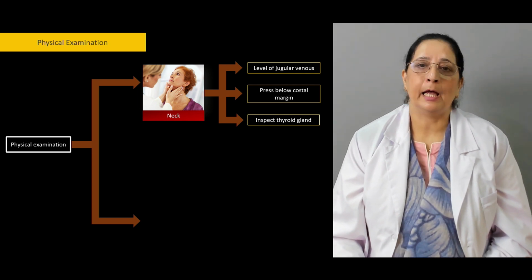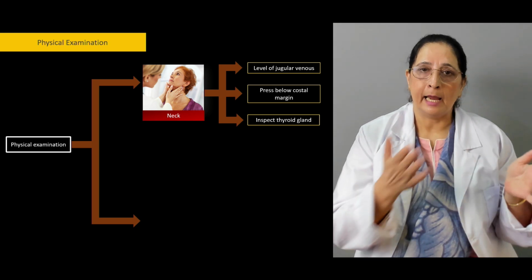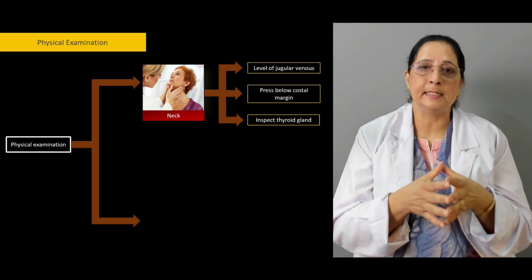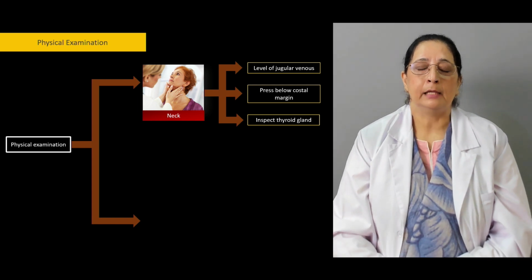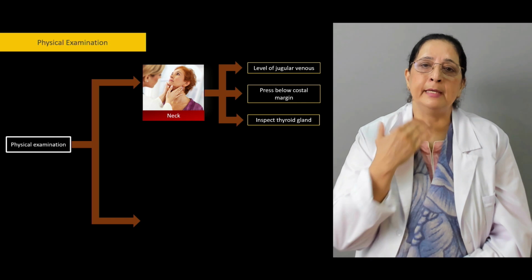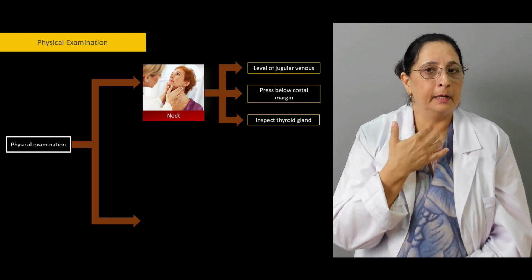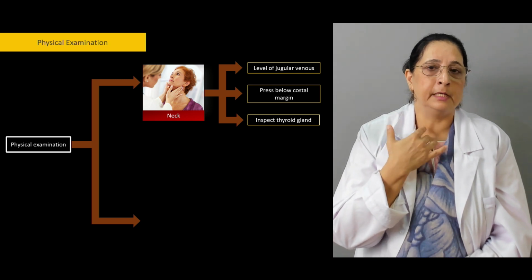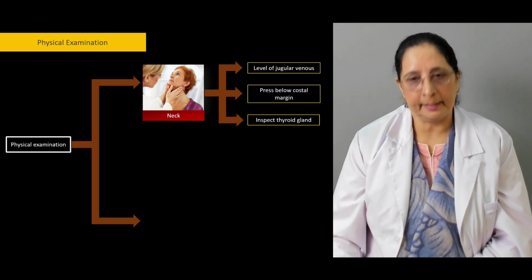And also thyroid gland. Thyroid is the gland present in the neck, and we mentioned that Graves' disease, which causes bulging of the eyeball, is due to the thyroid problem. So when we examine the neck, we should look for the jugular pulse, press below the costal margin, and then look for the thyroid gland also.